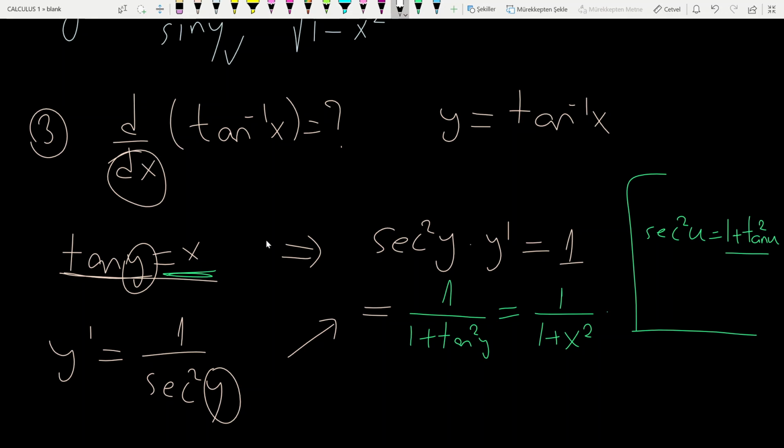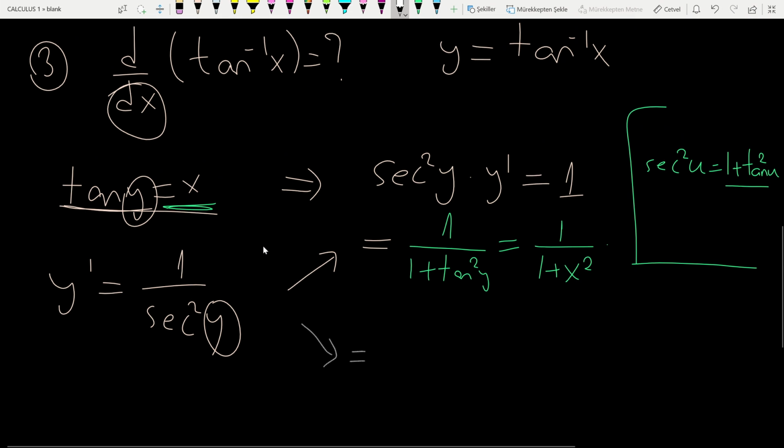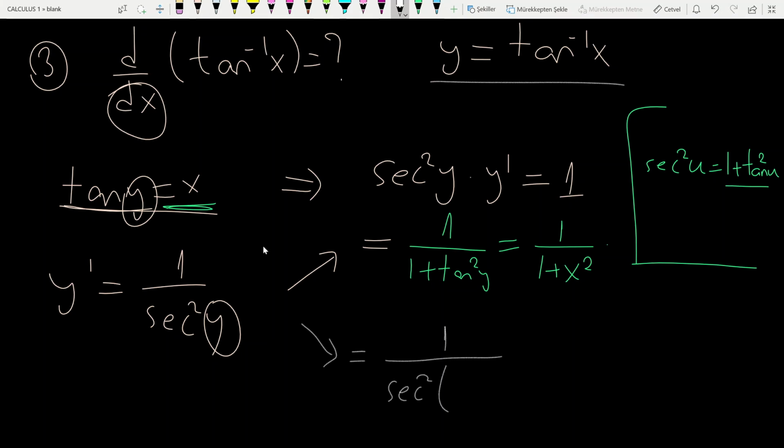What about the second way? We also have a second way. The same expression is equal to 1 over secant square. Instead of y, what do we have? We have arctangent x, right?